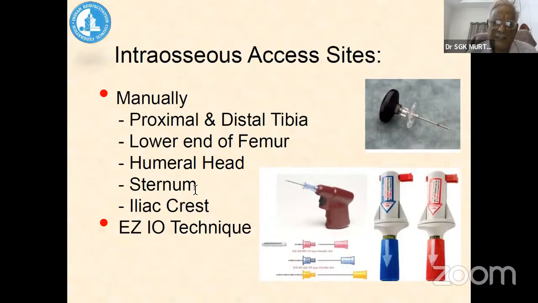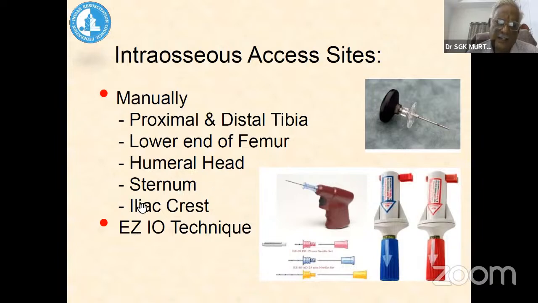And sometimes it can be the sternum. We may have to use some xylocaine, because the periosteum is very painful, so we have to use xylocaine as a painkiller before getting this intraosseous line.